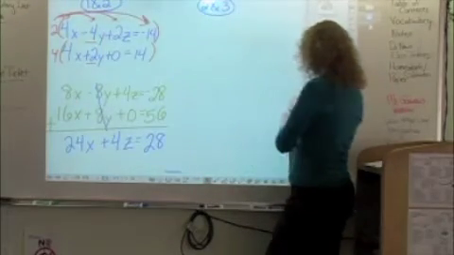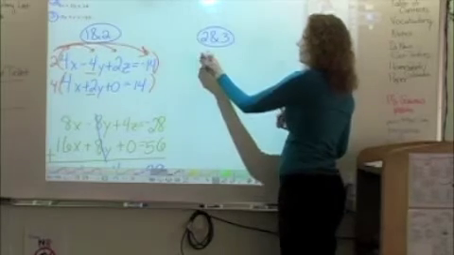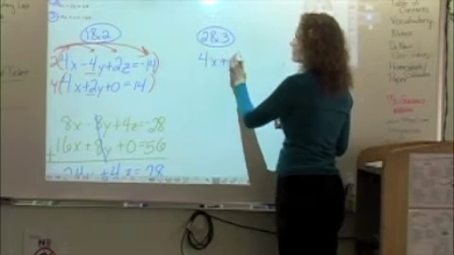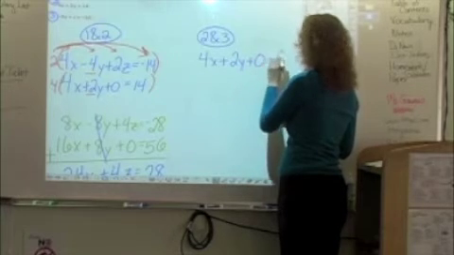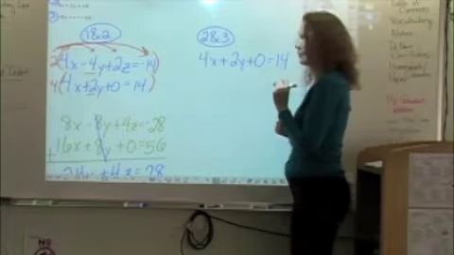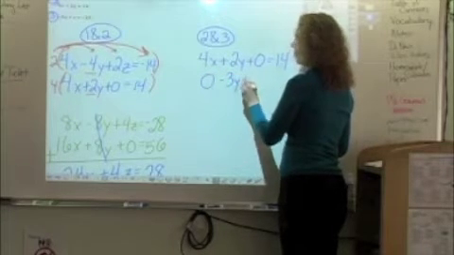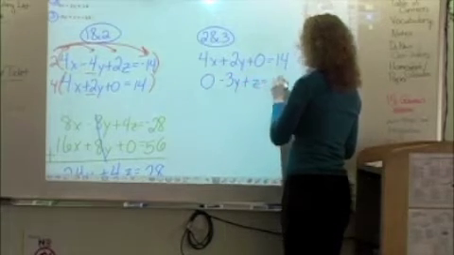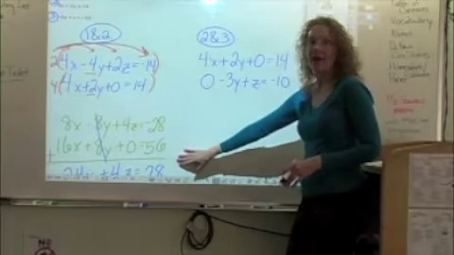All right, now I'm going to combine 2 and 3. So I have 4x plus 2y plus a 0 equals 14. And I have 0 minus 3y plus z equals negative 10. So I eliminated y on the left side.